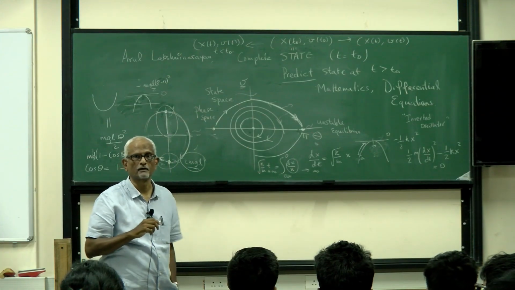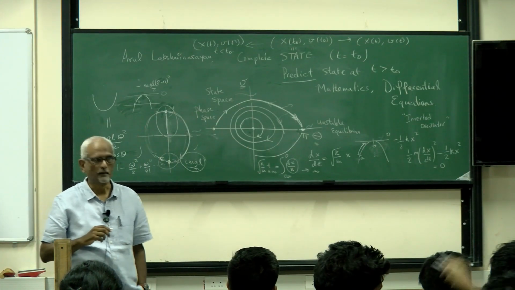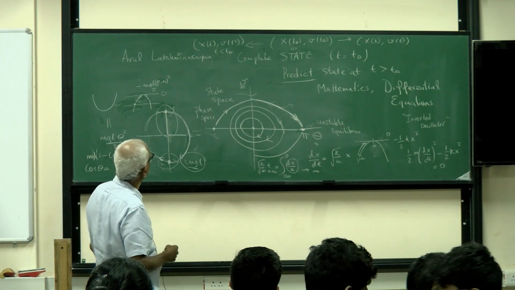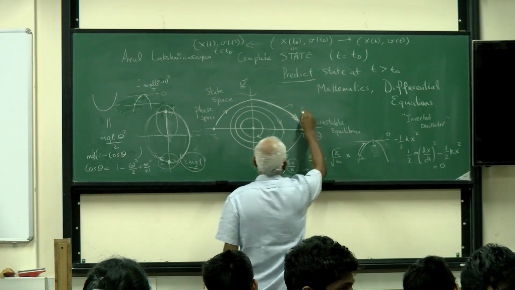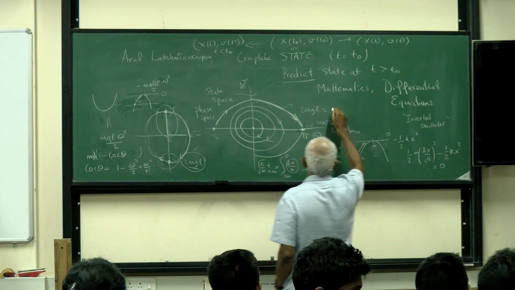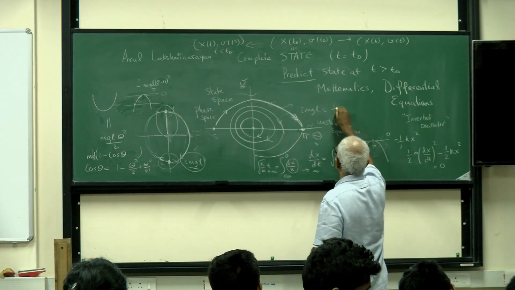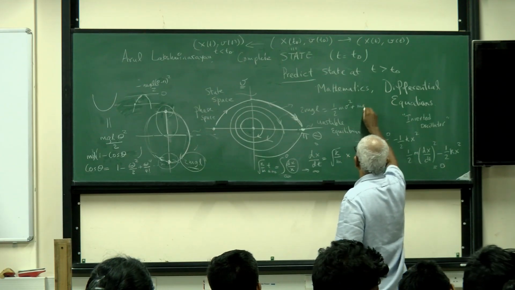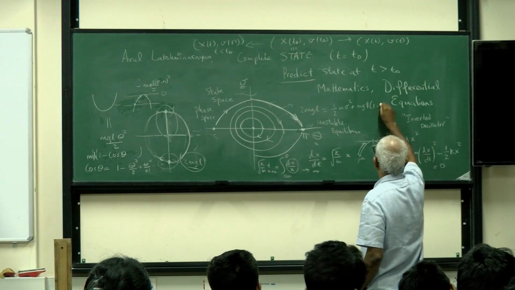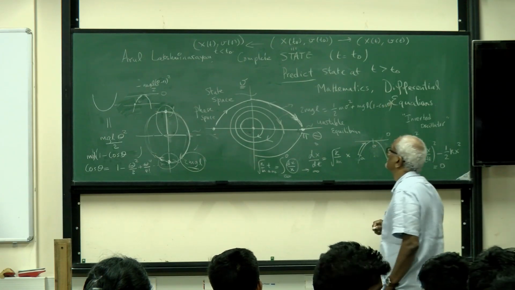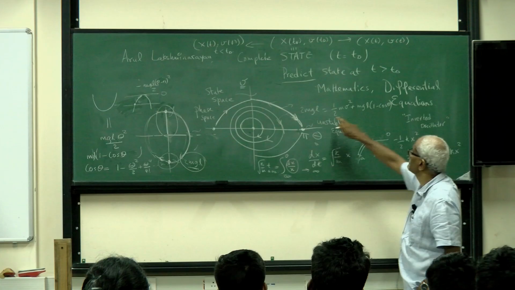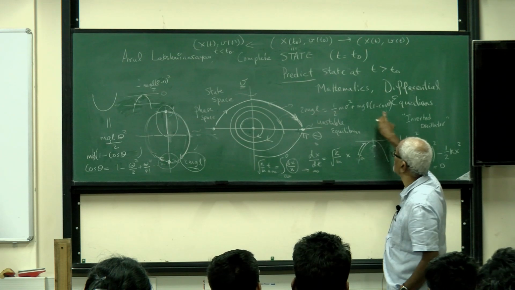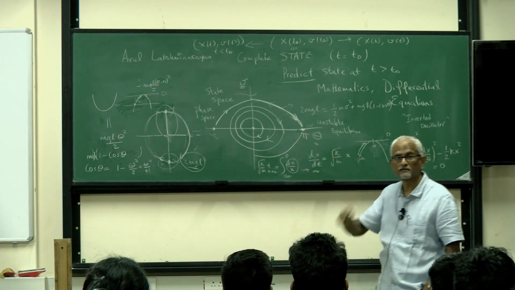You write down the total energy: twice mgl equals the total energy, which is half m v square plus the potential energy, mgl (1 minus cos theta). This is the equation of that. So now you can take this mgl on this side and you can find out what that curve is. Exercise.